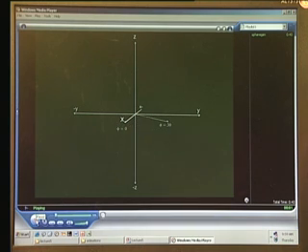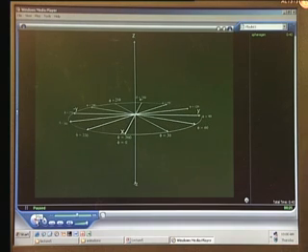Let's see that here: phi equal to 30, 60, 90, and so on. So that's the phi axis. The phi axis represents a plane perpendicular to the polar axis and represents all the 360-degree rotations about it.